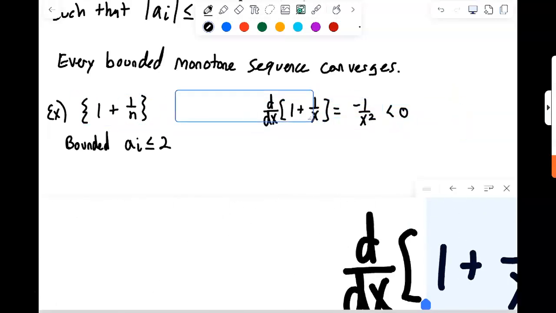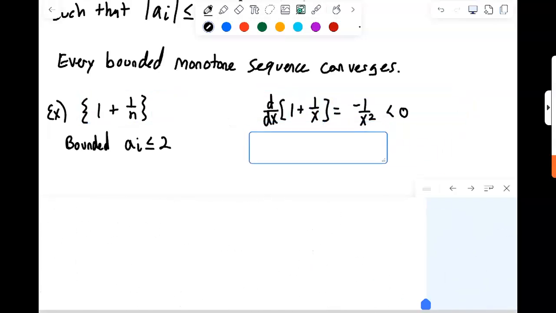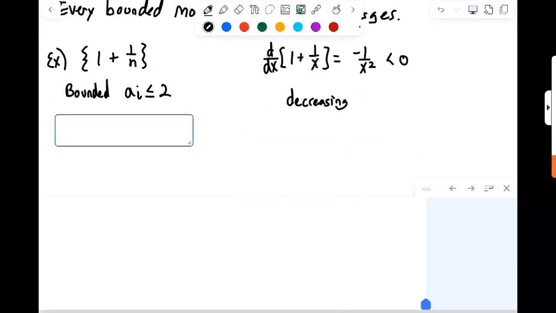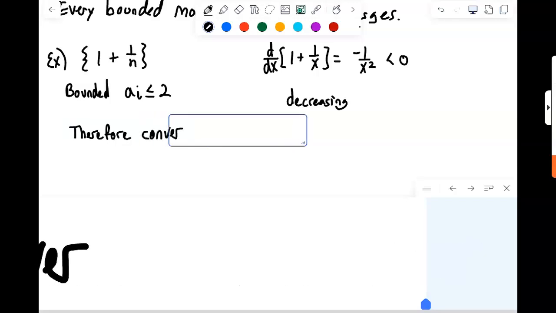So for all values of x where it's defined, this thing is decreasing. Of course, if it's decreasing, it's also non-increasing. So therefore, we know that this sequence converges. And without investigating what it actually converges to, we do know that it has to converge.